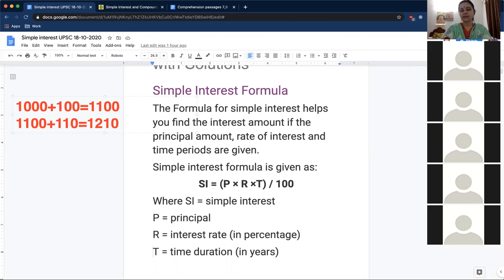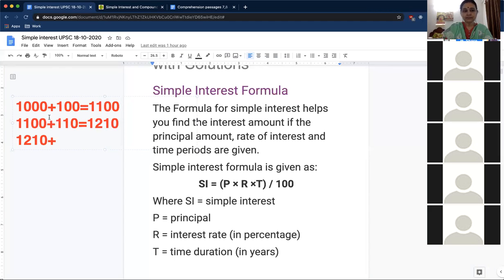1,210. So when you are calculating the interest for the third year, you are going to add 10% of not 1,000. In simple interest, that 1,000 will be taken for however many years you are taking the loan.